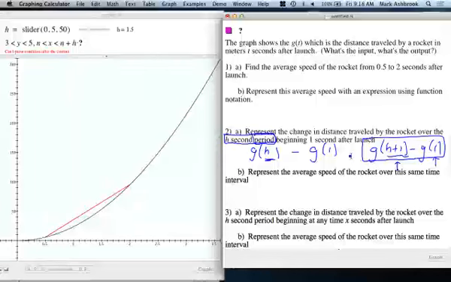Not sure. Jennifer. It's Jennifer, right? So we want change in distance over change in time. So what's the change in distance over this h-second time interval?